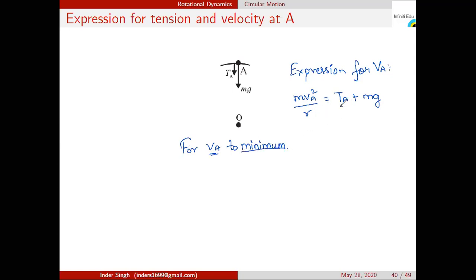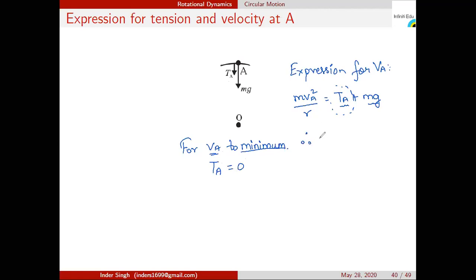What is the variable term in this case? Tension changes at each and every position, so we can consider this tension to be at minimum value. In order to get VA minimum, we will consider TA equal to zero.